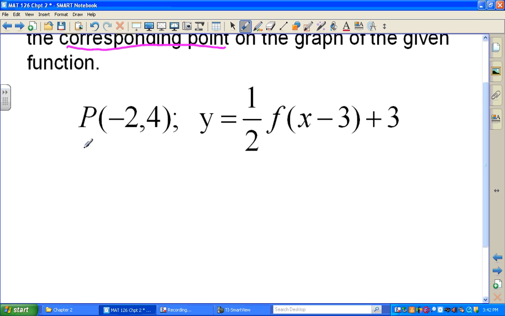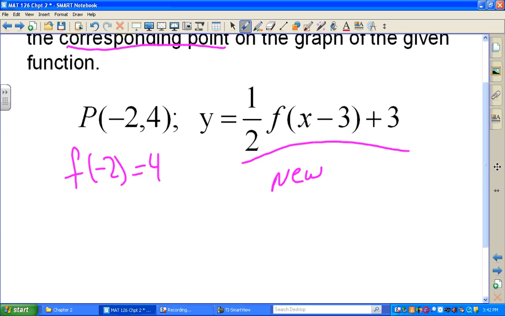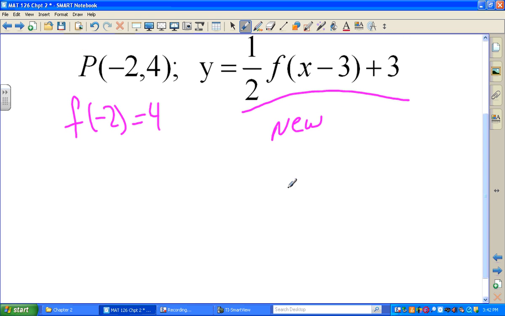This means my function is -2 and it equals 4. Okay? So it wants to know what is my new y value going to be if I follow all of these changes to the function. Well, I say let's get a graph.